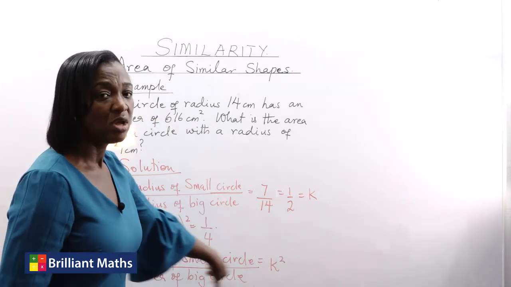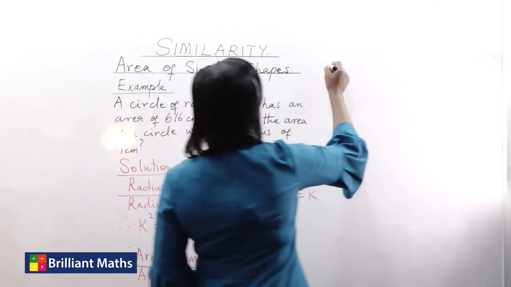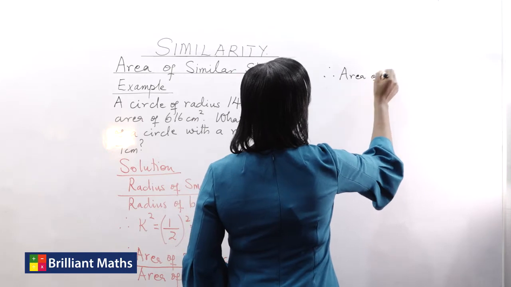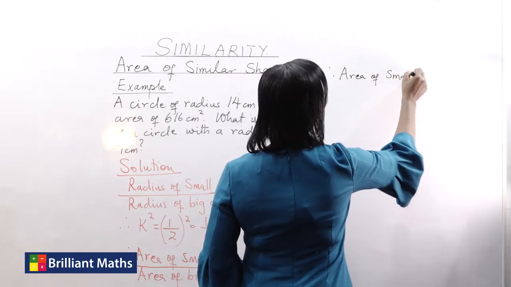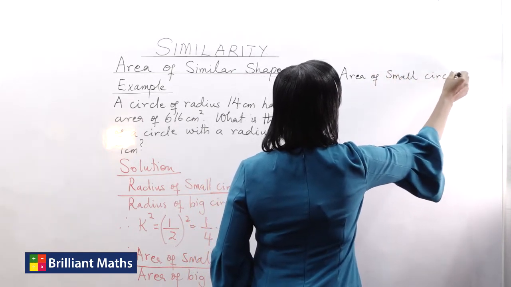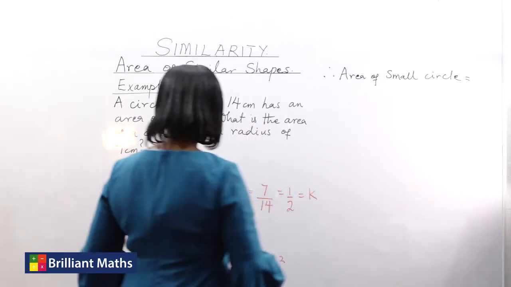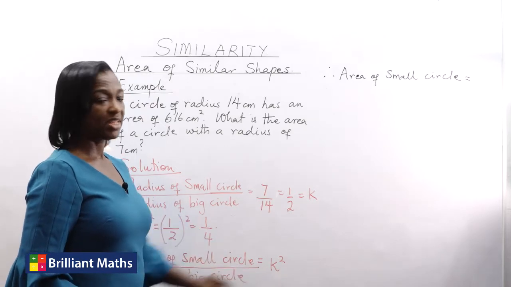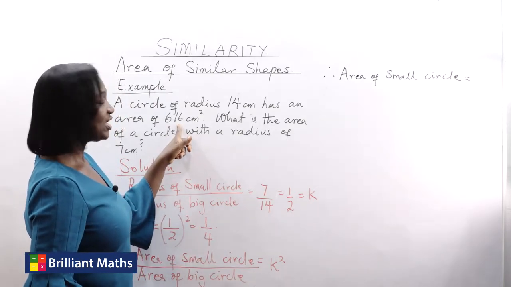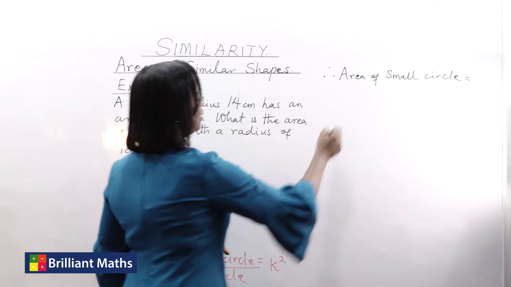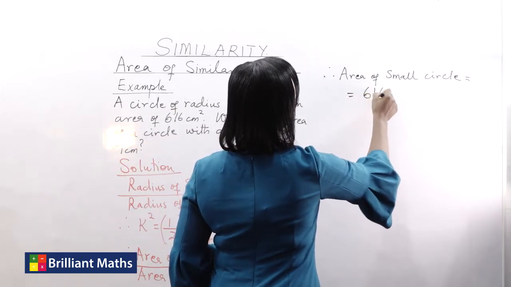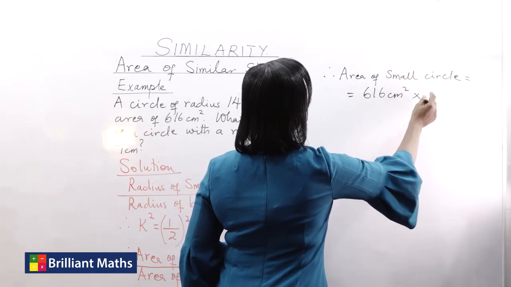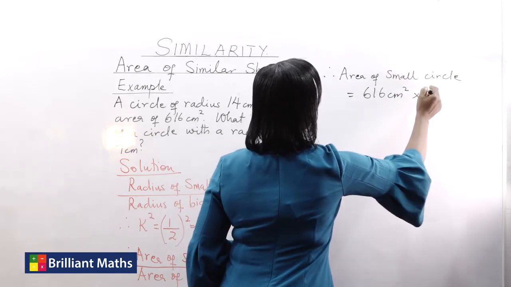We simply cross multiply. So therefore, area of small circle equals area of big circle times k squared. And our area of big circle is 616 centimeters squared times k squared.